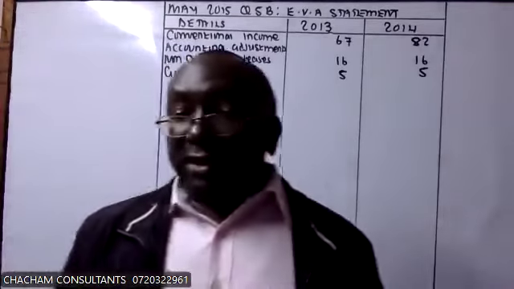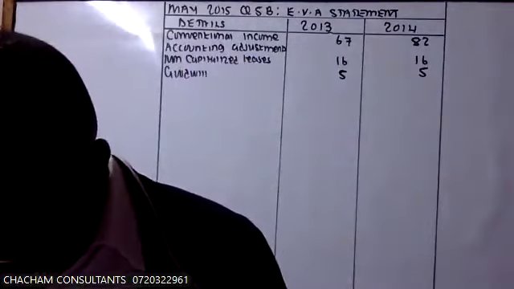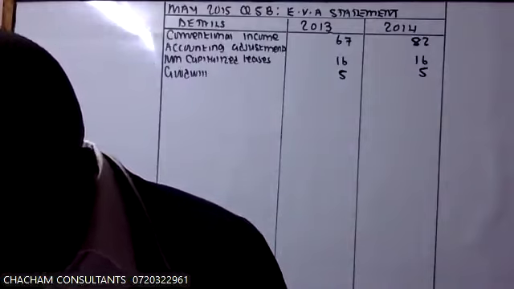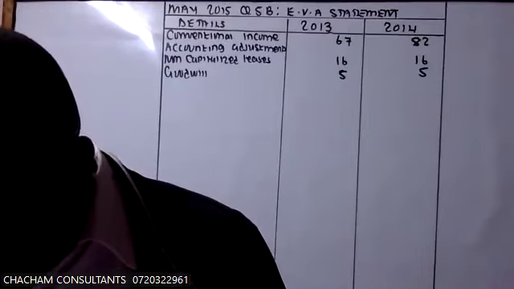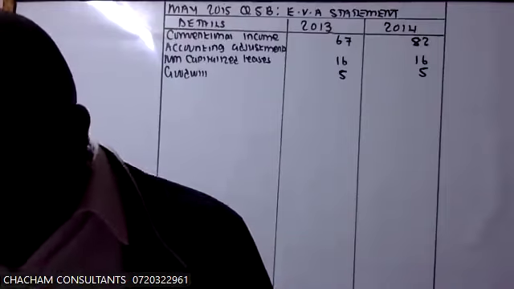But number 8, it is talking of the depreciation. And they are saying the economic depreciation amounted to 40 million in 2013 and 45 million in 2014. The amounts were equal to the depreciation used for tax purposes and depreciation charged in the income statements.